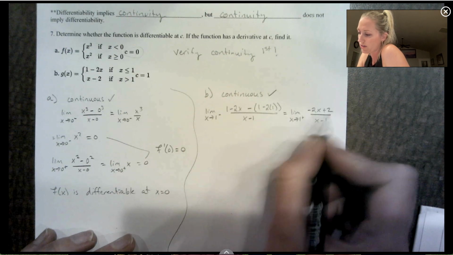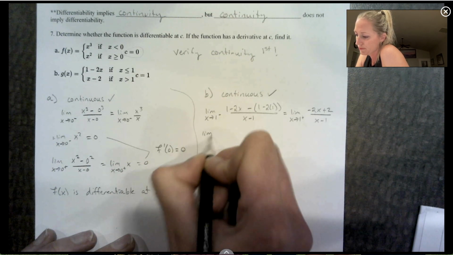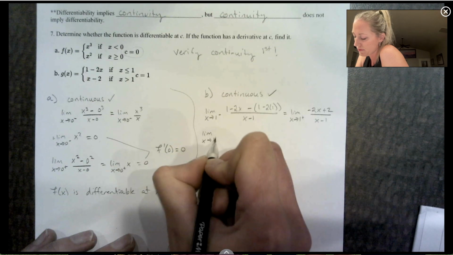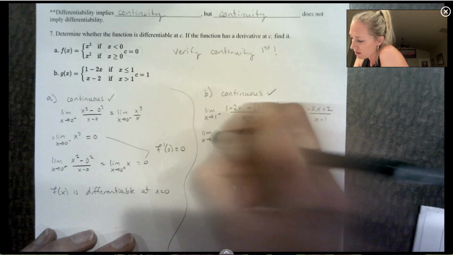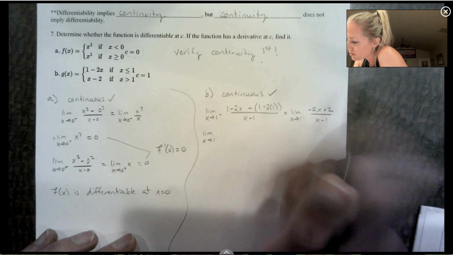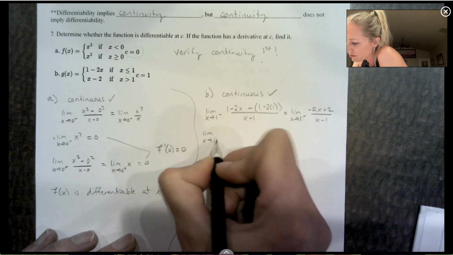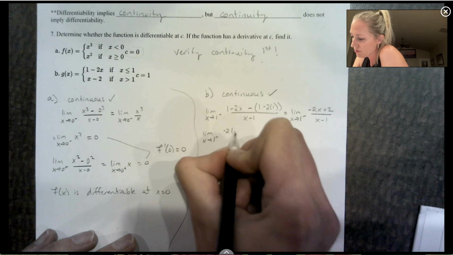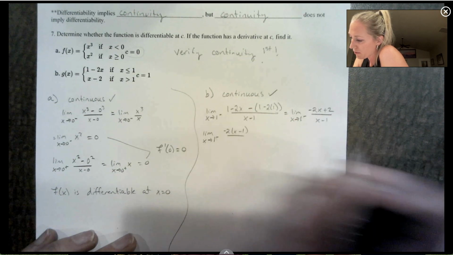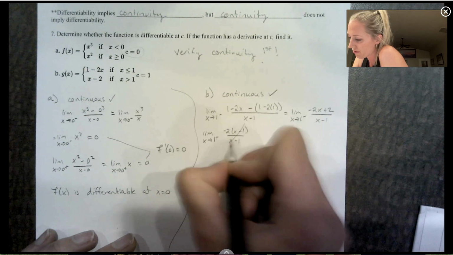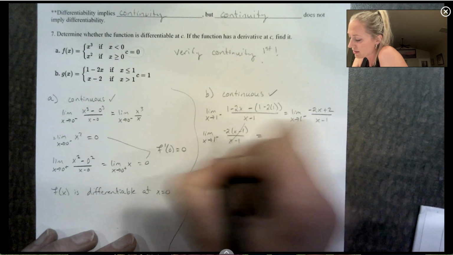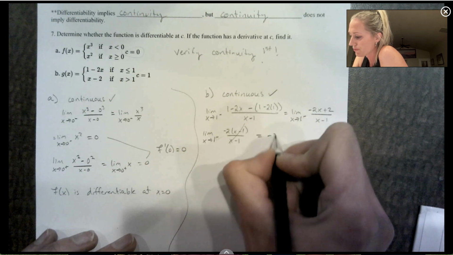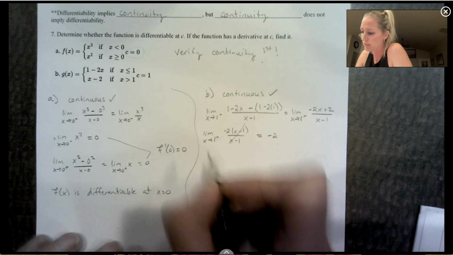We can factor out a negative 2 from the top. Sorry, I changed that to a plus sign. Still finding it from the left. If I factor out a negative 2, then I can divide out my x minus 1s, so the limit is just negative 2. So we got the left-hand limit to exist.